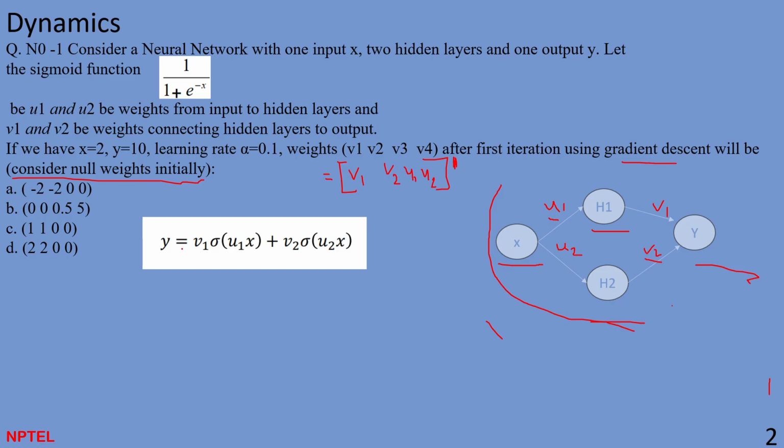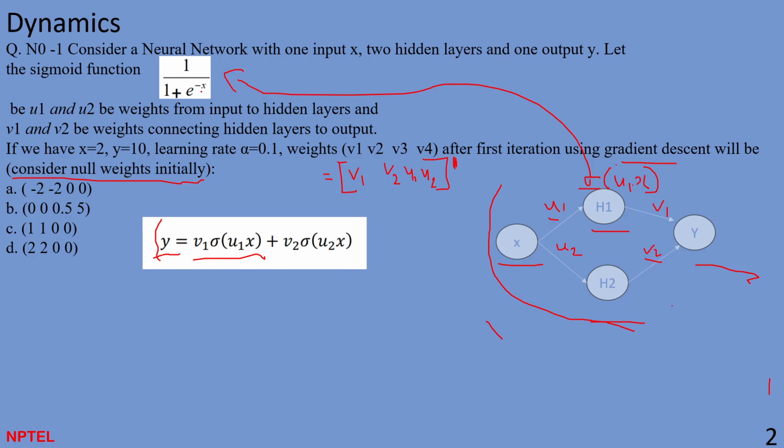First, let's see what our final output function looks like. This is the desired output function, which you can easily get. Here you will get 1x multiplied, and this sigma is your function.